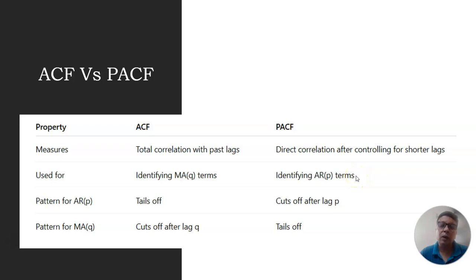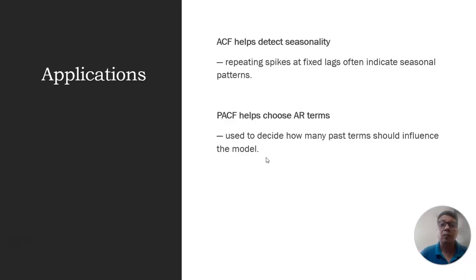So the lag at which PACF is maximum identifies the order of autoregression in ARIMA. Pattern for AR(p): ACF tails off, and PACF cuts off after lag p. Pattern for MA(q): ACF cuts off after lag q, and PACF tails off.